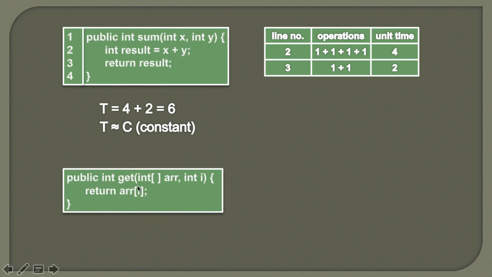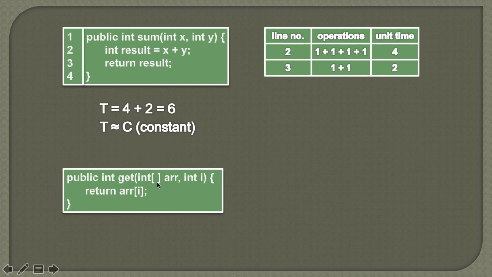So time taken is nearly equal to a constant amount of time. Similarly, if we see this piece of code, let's say we are passing in an array and an index, and we want to simply get the value stored at that particular index. Accessing a value of an array from a particular index takes a constant amount of time. So the time taken by this piece of code will be constant.